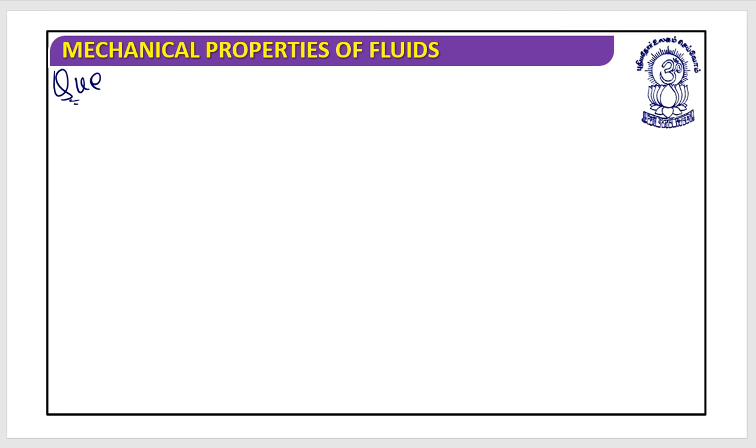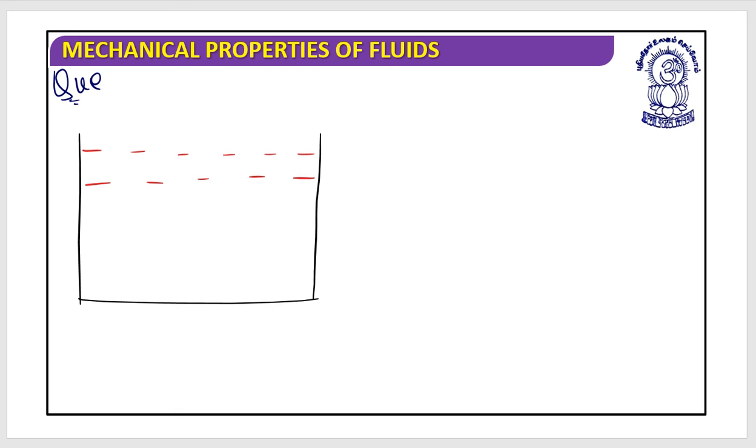Now in this question the situation would be something like this. Let's have a look. This was the container, and as we understood, this container is filled with liquid, something like this.